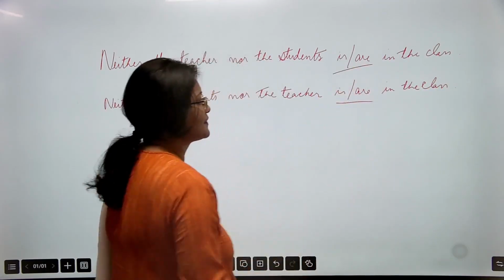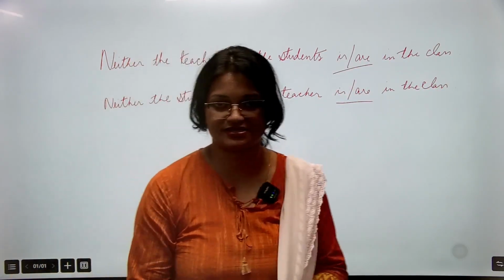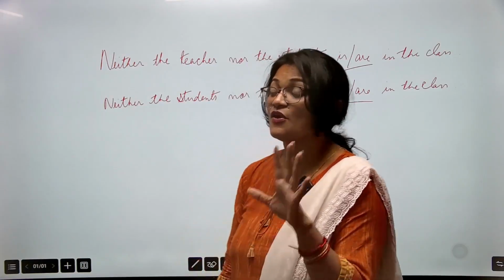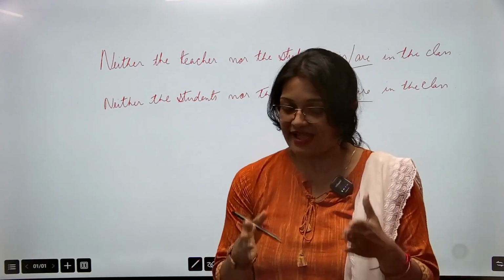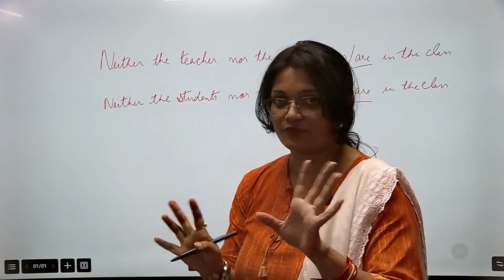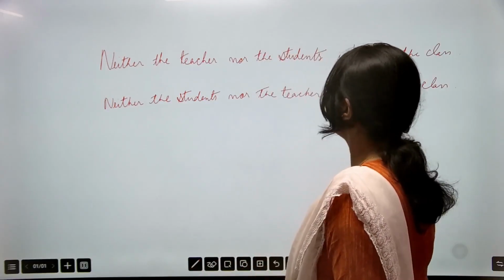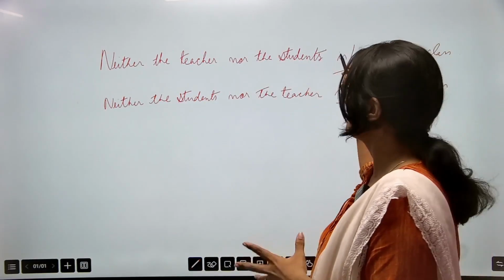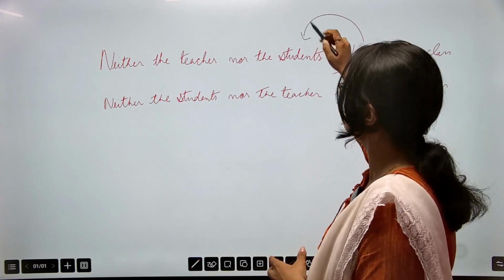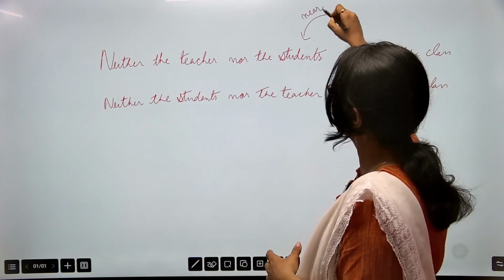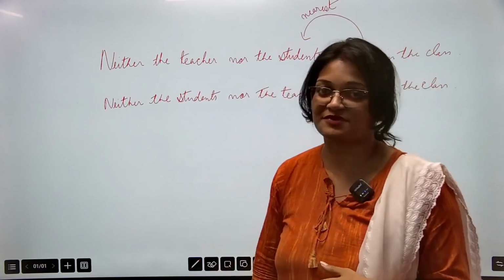So let's understand how to choose the answer in this type of question, when your sentence has neither and nor both. So this is the verb position. This verb should agree with the nearest subject.